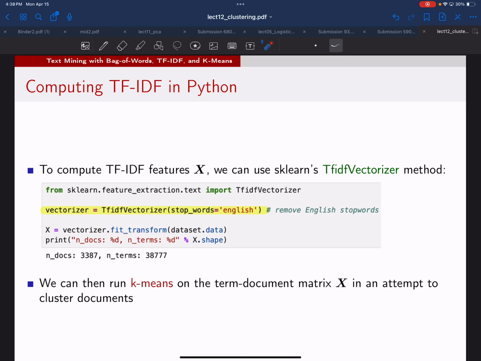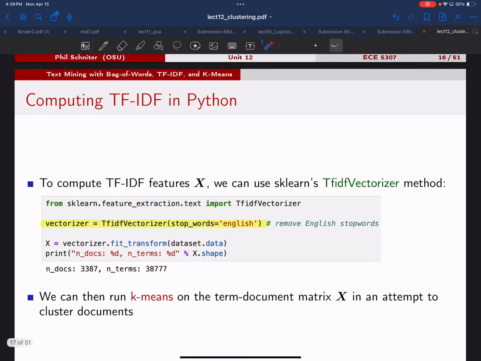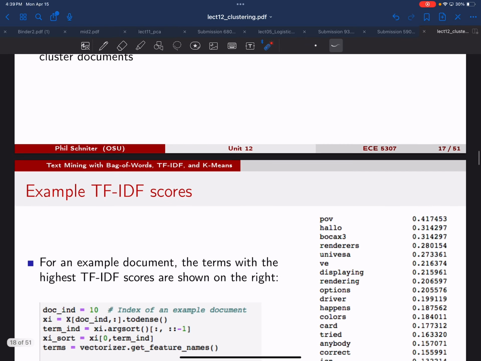Simple as that. Here we're printing out the dimensions, which is, as we would expect, 3387 documents, 38777 terms. Now that we have this, we can just run k-means on that term document matrix to see if we can cluster documents. Any questions? Okay, we'll do that in a moment.